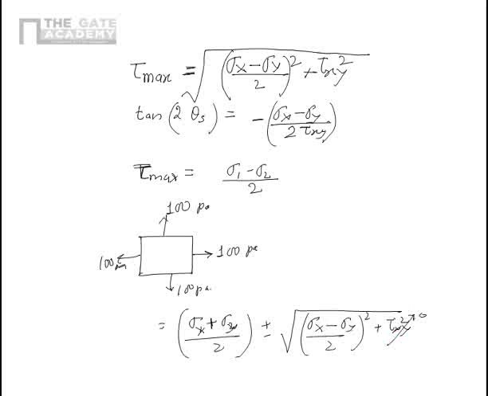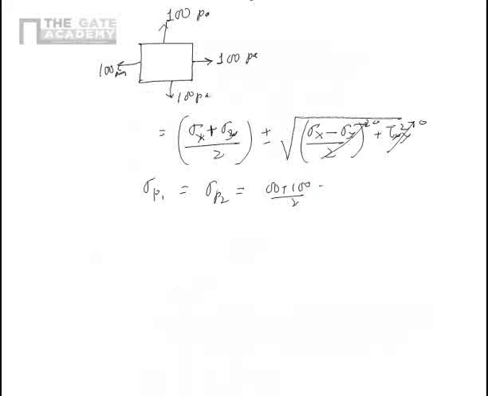Sigma x is equal to sigma y, so this becomes 0. So obviously sigma p1 is equal to sigma p2 is equal to 100 plus 100 by 2, that is 100. Right now, whatever is being shown, those are the planes which are the principal planes also. So that is the maximum stress which occurs in the element.